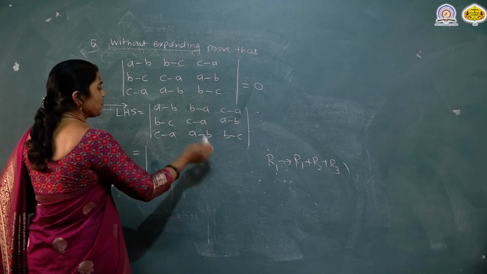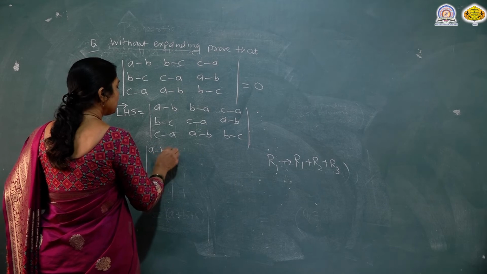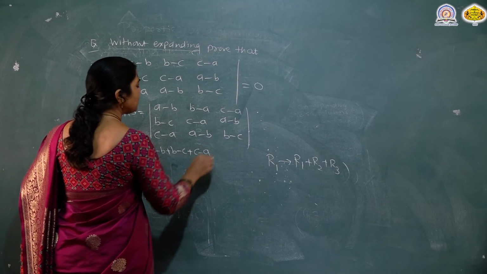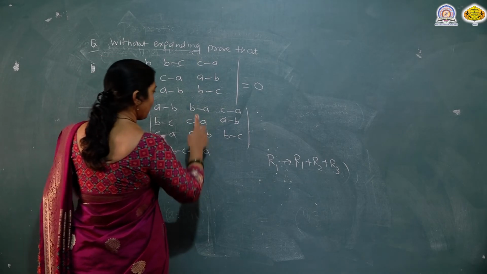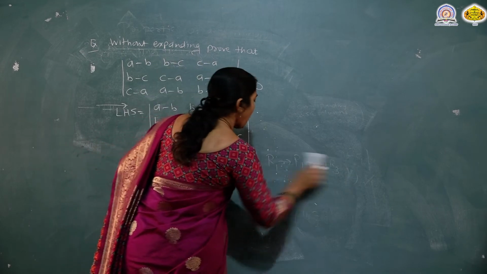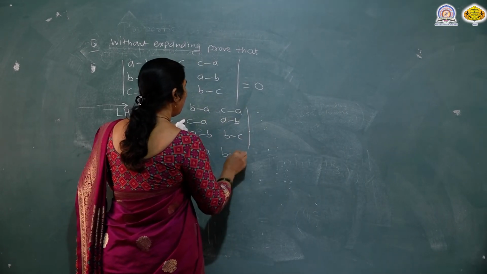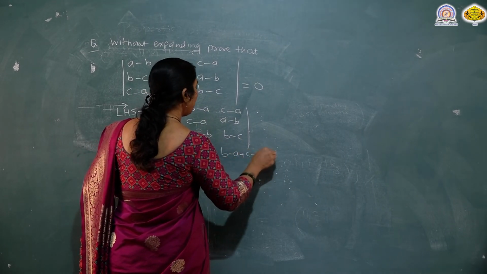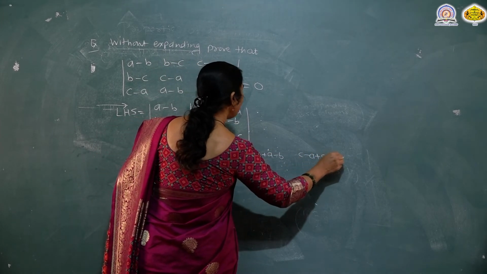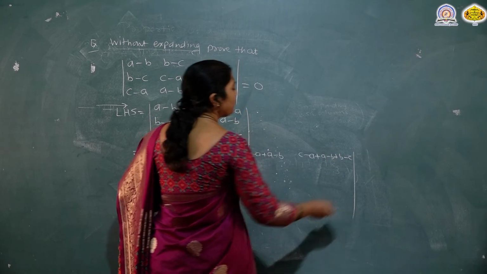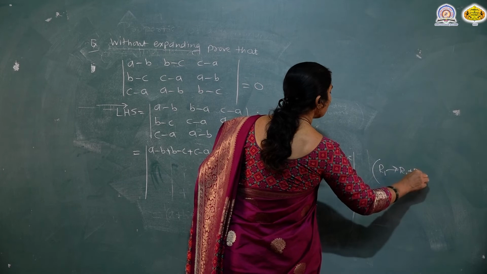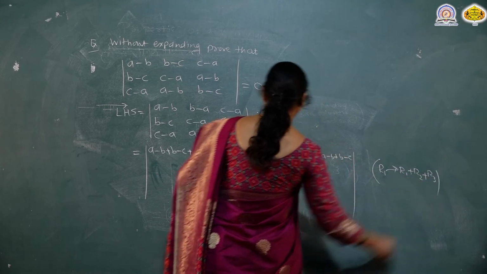So R1, that is A minus B, plus R2, that is B minus C, plus R3, that is C minus A. Similarly everywhere: B minus C plus C minus A plus A minus B, and C minus A plus A minus B plus B minus C. We are changing R1 to R1 plus R2 plus R3.